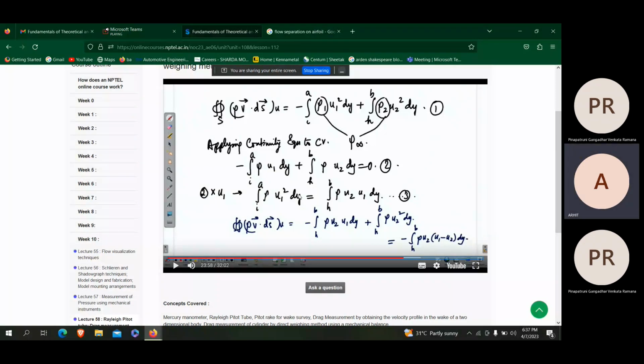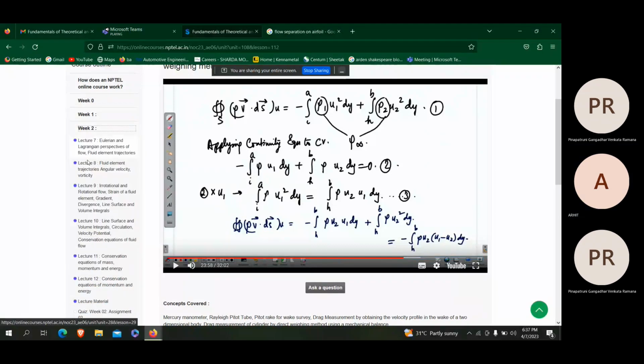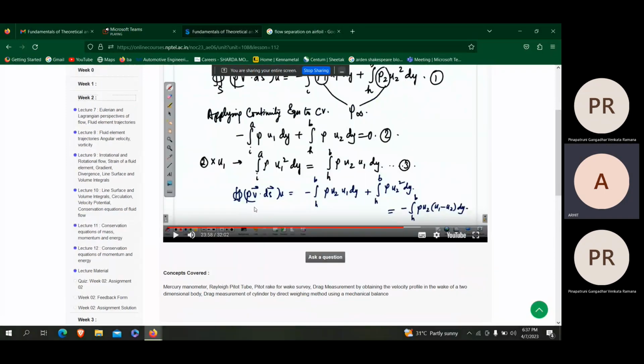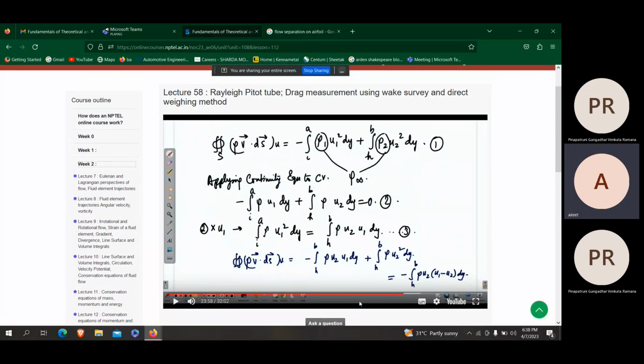But it is still simple that if you go back to the momentum equation, you can always recall it. Can you go back to the momentum equation? No need to. Here only, in this video itself, you can find that. In the previous slide he wrote the momentum equation right there.